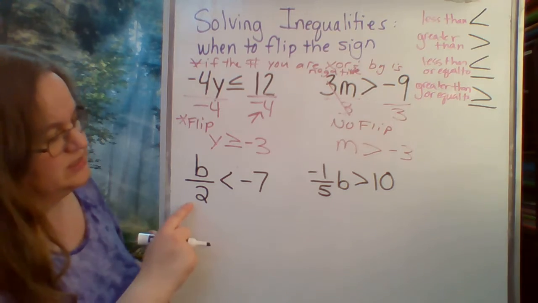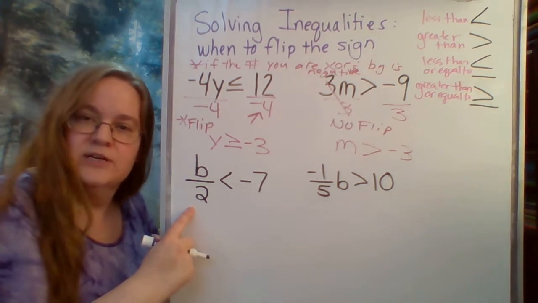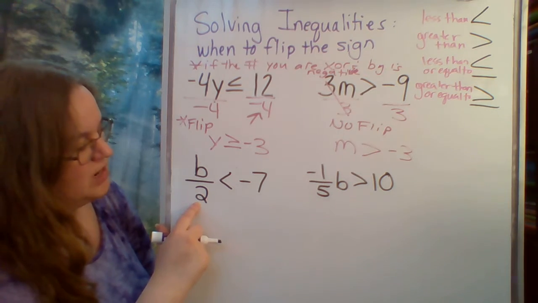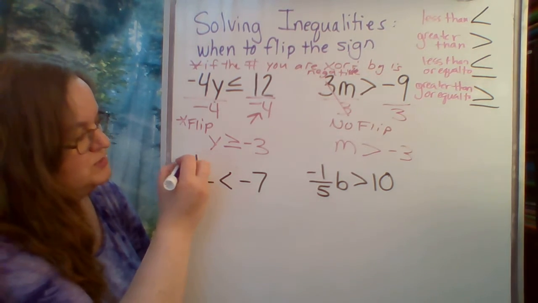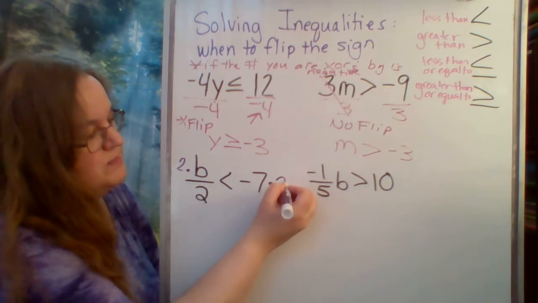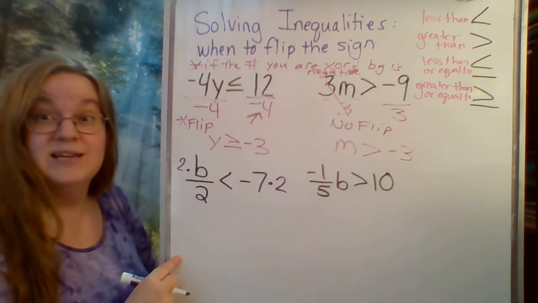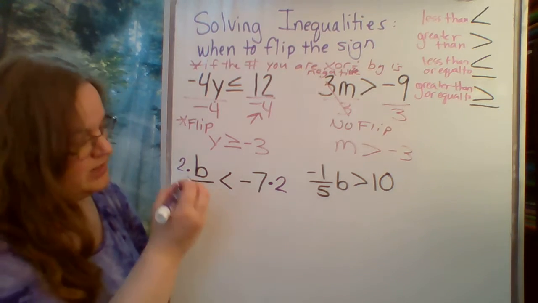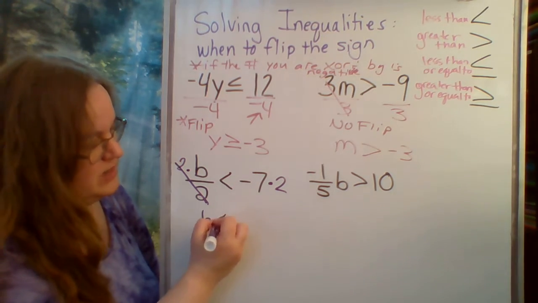All right, let's take a look at this one. Think to yourself, is this going to be a flip or no flip? I'm going to do the opposite of dividing by 2, which is multiplying by 2. And the number I'm multiplying both sides by is a positive number. It doesn't matter if this one's negative or not. So I am not going to flip.